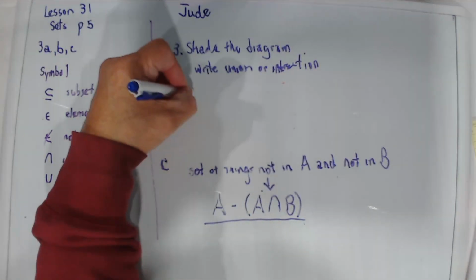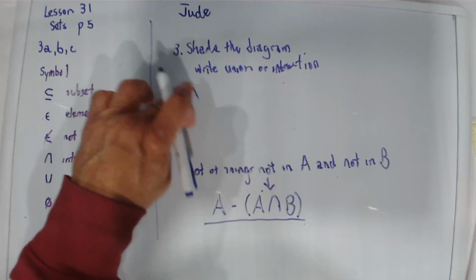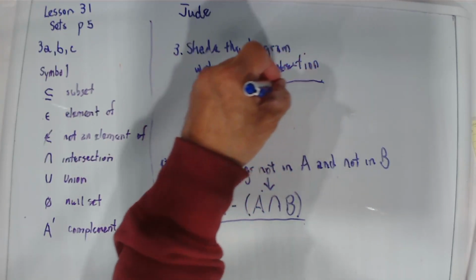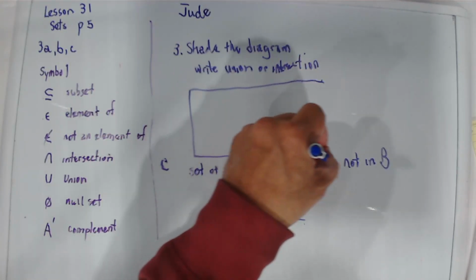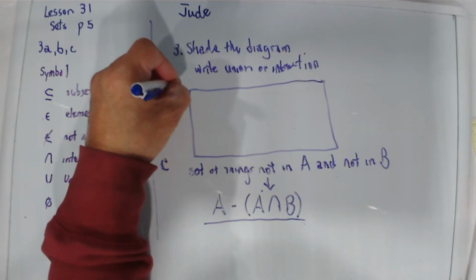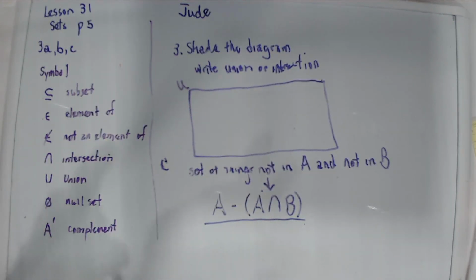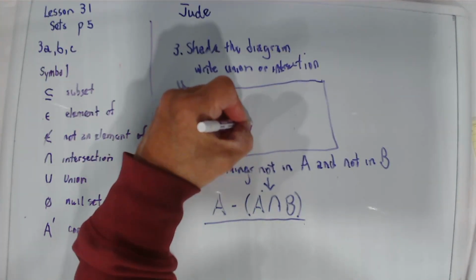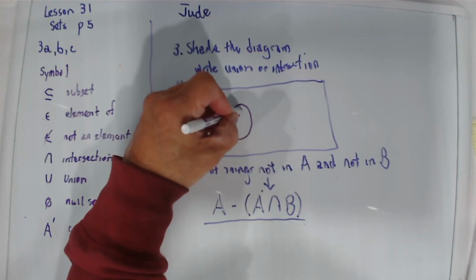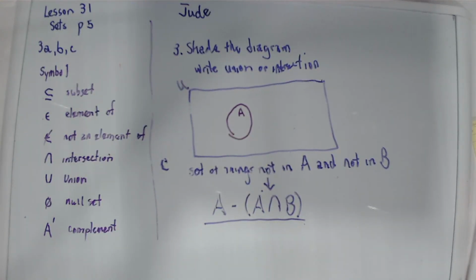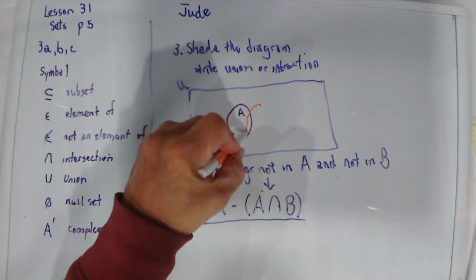Okay, so here's our A. Well, first I'm going to draw the universal set. Universal set means everything. So this is U, not you, but the letter U, and they call it the universal set. So now, let's take a look at A. This right here is our A, and we're going to do B like that.